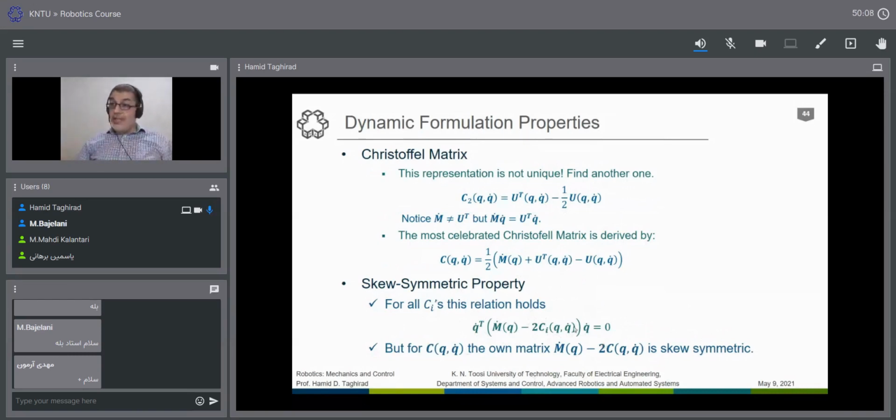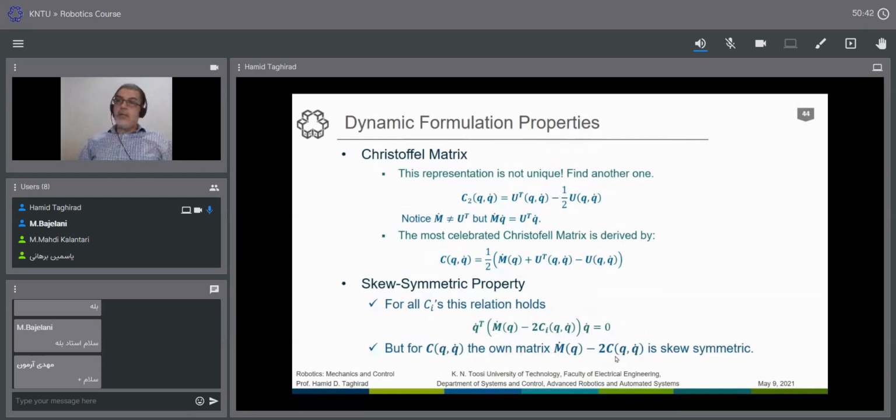But we can show that if this is multiplied by Q dot, not any X, this is always equal to 0, and we will use that a lot. If you use this type of matrix, you can see that this matrix is completely skew symmetric. So M dot minus 2C is a skew symmetric matrix, and this multiplied by any vector, transposed by any vector, is equal to 0.